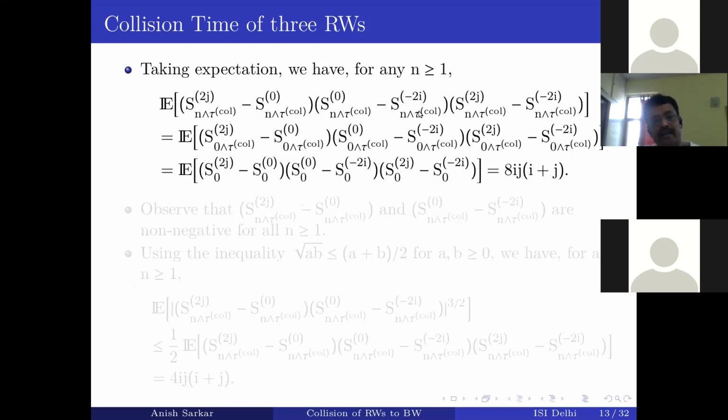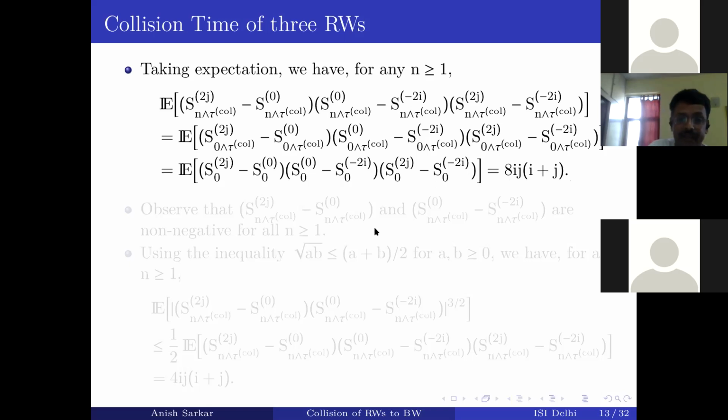You just look at the expectation at every stage, and it becomes the same value as the expectation at time zero, which is 2j, this is 0, this is 0, this is minus 2i, so this becomes plus 2i, and this becomes 2i plus 2j. So the product here becomes 8ij times i plus j. Now remember, these are fixed. So for every n, this expectation is equal to this value, 8ij times i plus j.